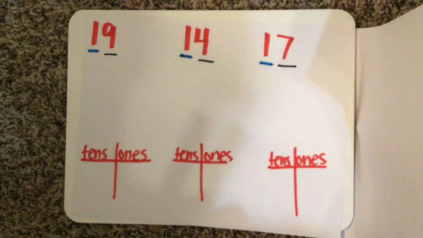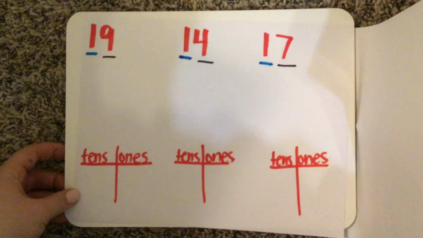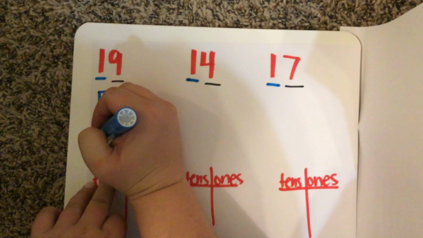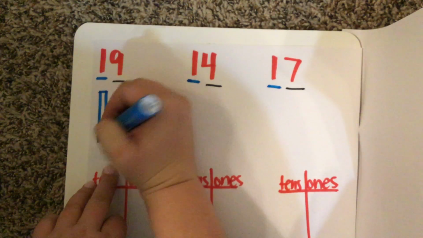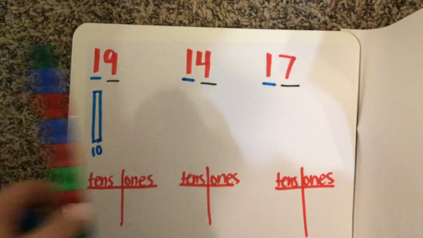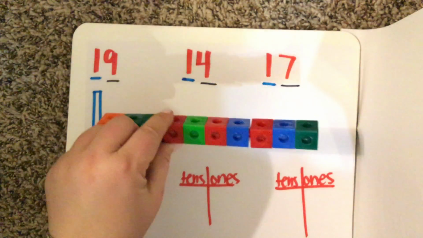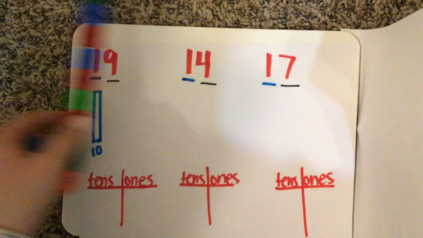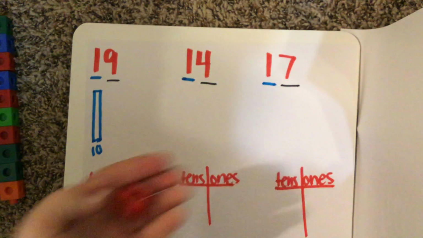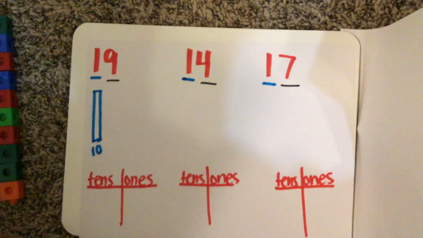So if I'm going to draw this out just on paper, this is how I'm going to do it. So I will draw a rod for the 1, which means a bundle of 10. I'm going to draw a long rectangle, and I'm going to label this as 10. This is supposed to replicate a cube rod that we have already put together. And then just like we do with our ones, I'm going to draw just individual squares.